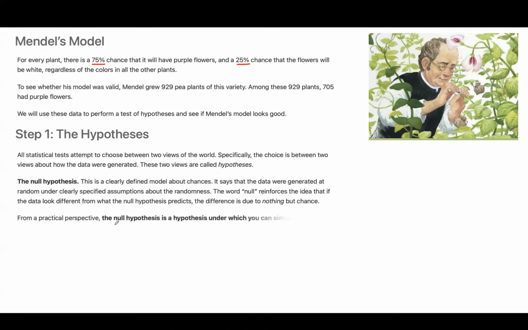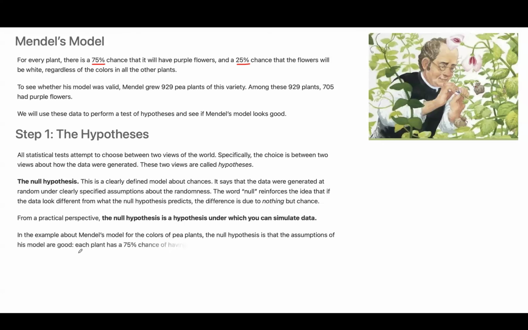From a practical perspective, the null hypothesis is a hypothesis under which you can simulate data. In the example about Mendel's model, for the color of pea plants, the null hypothesis is that the assumptions of his model are good. Each plant has a 75% chance of having purple flowers, independent of all other plants.